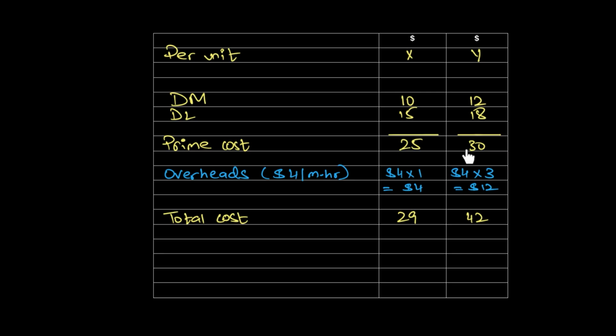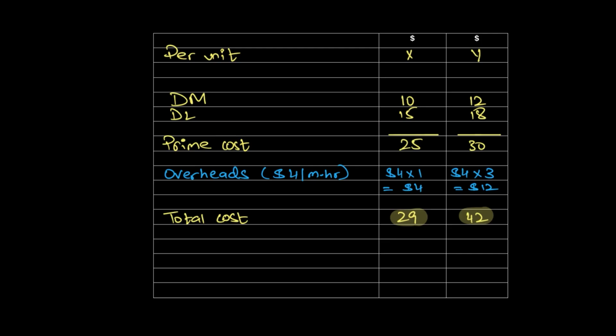You can compare that Y is consuming more machine hours, so it's being charged $12, whereas X is consuming fewer machine hours, so it's being charged $4 over here. So if I add this up, I will get my total cost to be $29 for X and $42 for Y. That's a simple cost statement that we make to calculate the total cost per unit using an overhead absorption rate.